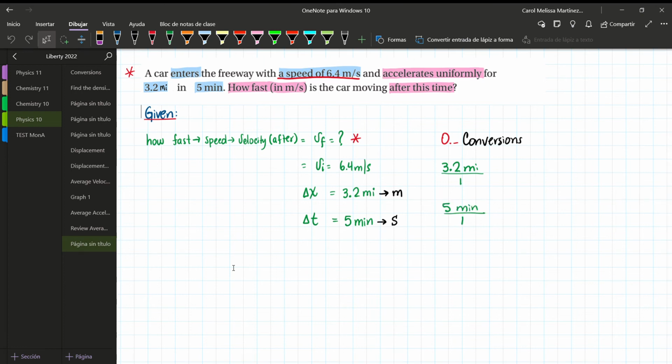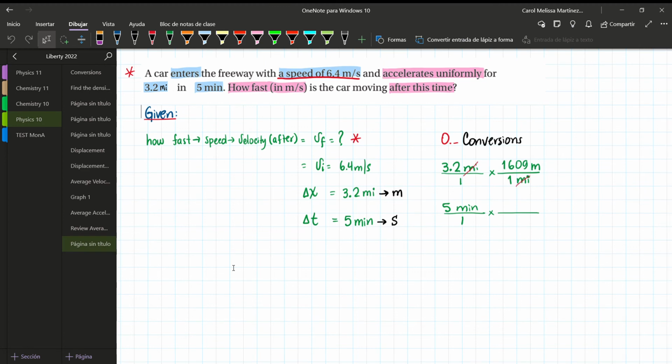How many meters do I have in 1 mile? 1,609, exactly. 1,609 meters in 1 mile.